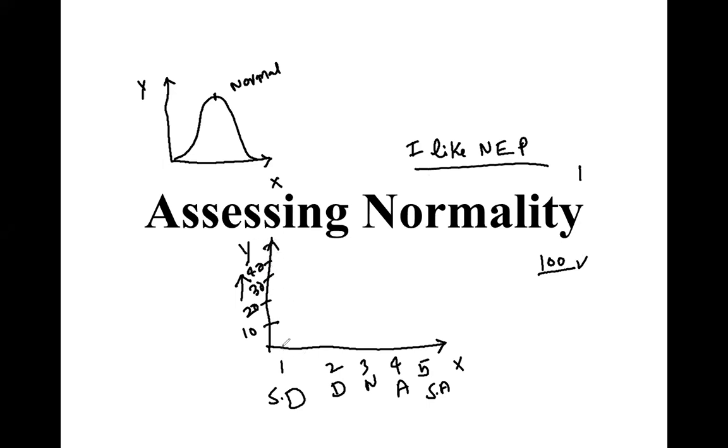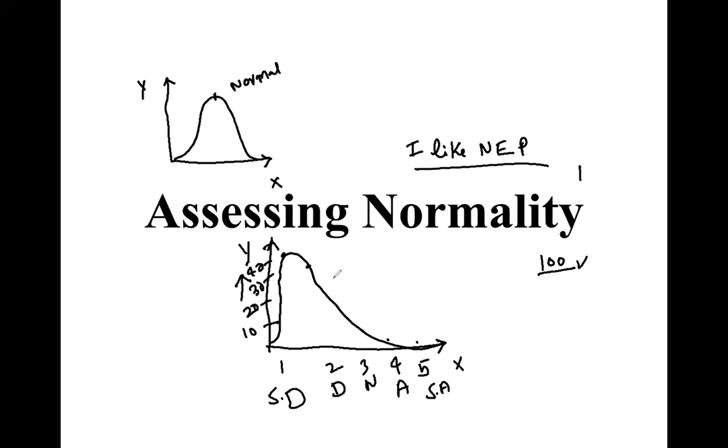Say 50 people are strongly disagreeing with this statement, 45 people, and 40 people are saying they disagree, and the rest of the 15 people slightly agree. So what would be the shape of the curve?